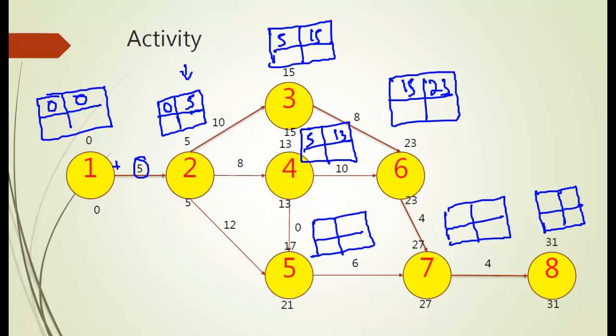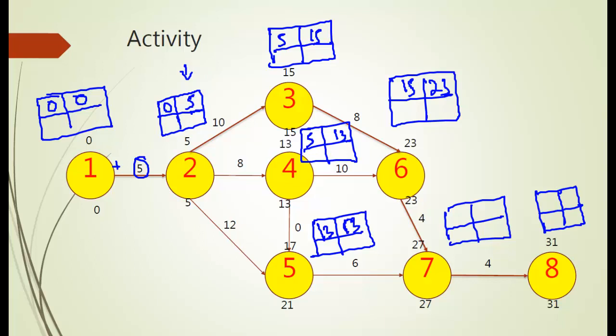Now 5 comes from two ways, either this way or that way. 5 will complete only when 2 and 4 finish, so we have to see whose finish time is greater. 2 has a finish time of 5, 4 has a finish time of 13, so I take the greater one as my starting time. Because it has a 0 cost, the finish time will be 13 plus 0, that is 13.